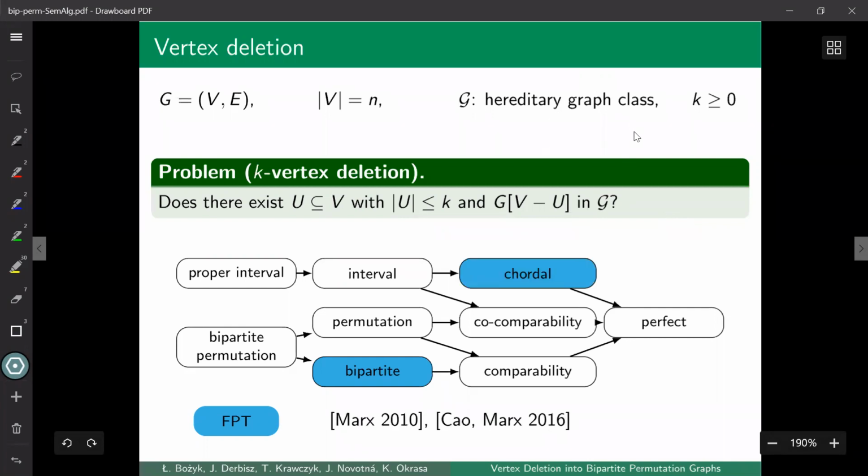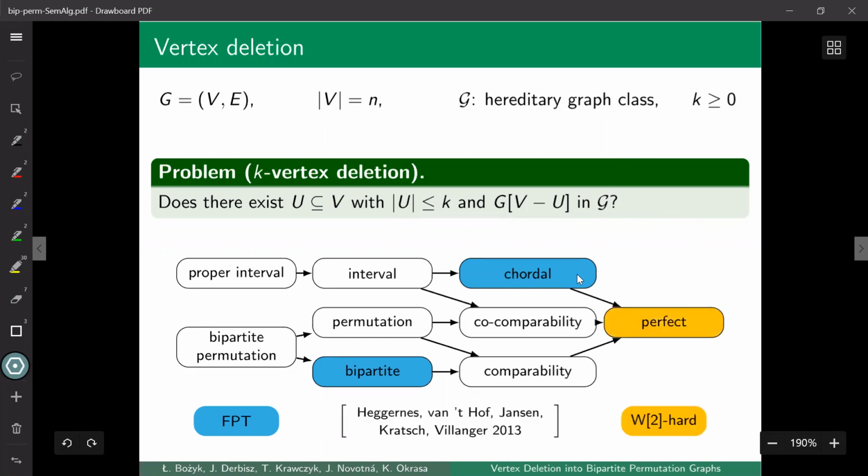We know also that chordal graphs, for example, are FPT, but on the other hand, it's been proved that perfect graphs most probably don't admit such an algorithm, because the problem of k-vertex deletion is W[2]-hard for them. So there is still some space for coloring this picture.